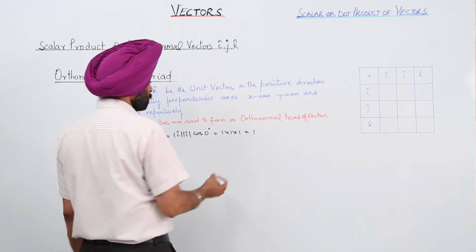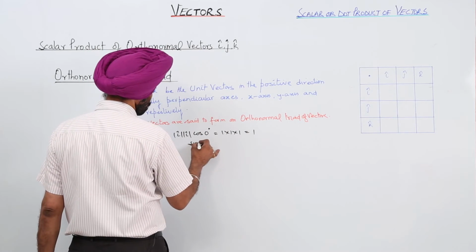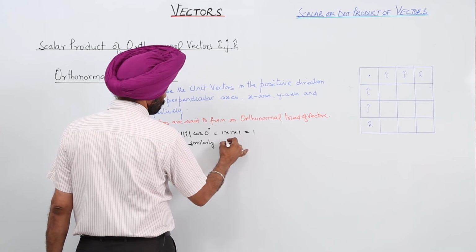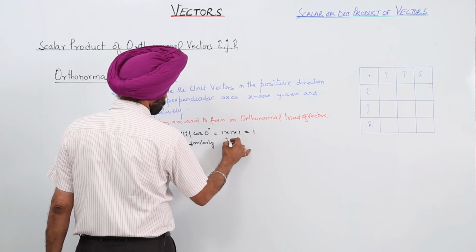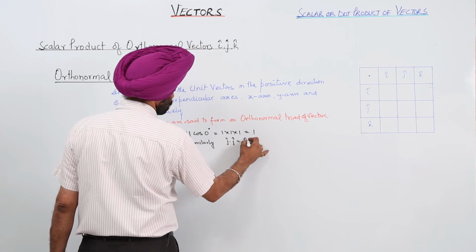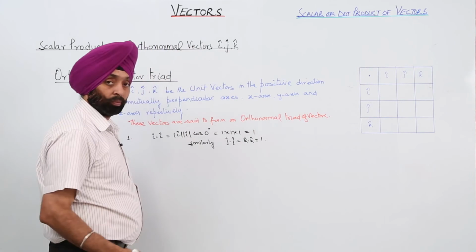Okay. So we can write it, similarly, j cap dot j cap and k cap dot k cap are equal to 1.